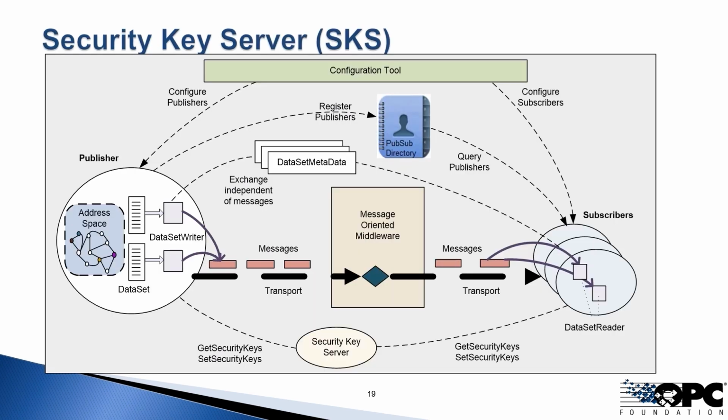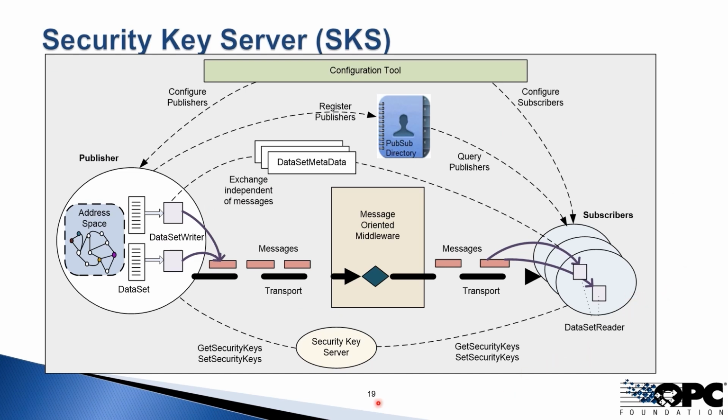And the last centralized component that I want to talk about today is the security key server. So the security key server is an entity that's used strictly in the PubSub paradigm for OPC UA, and it's used to manage the keys used for signing and encrypting the messages sent from publishers to subscribers.